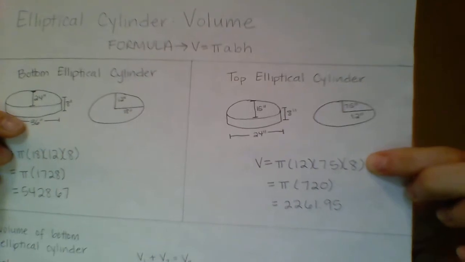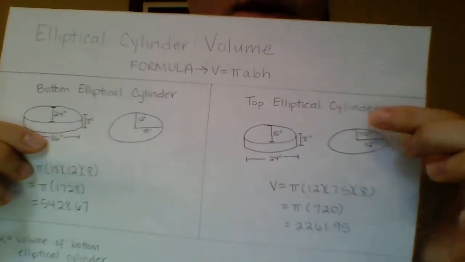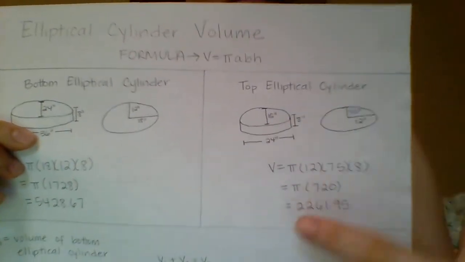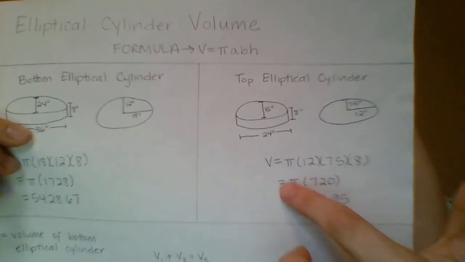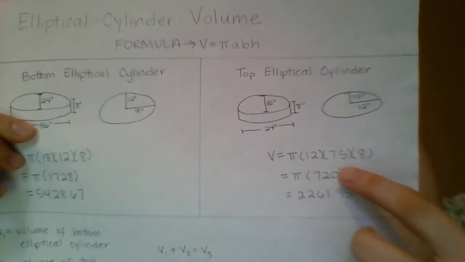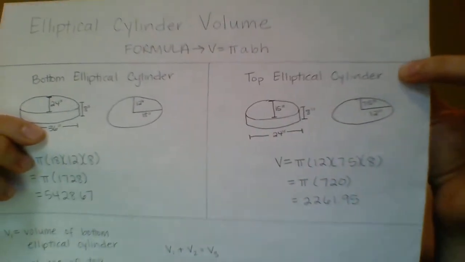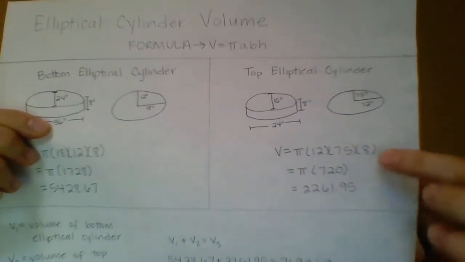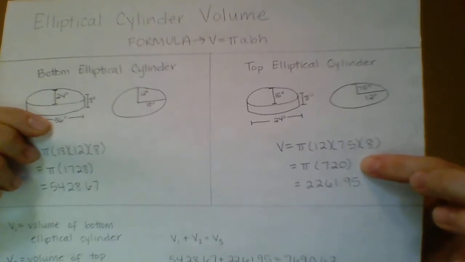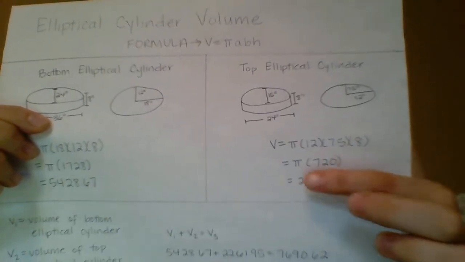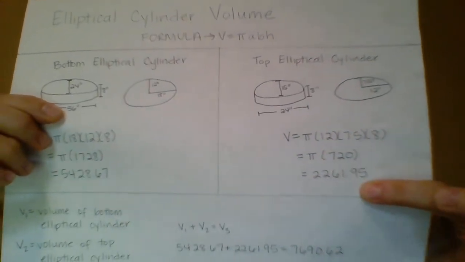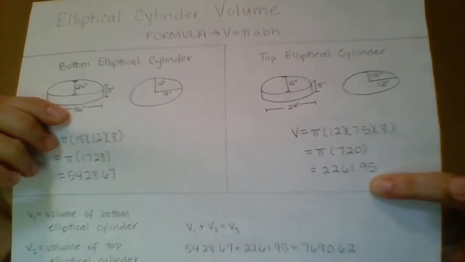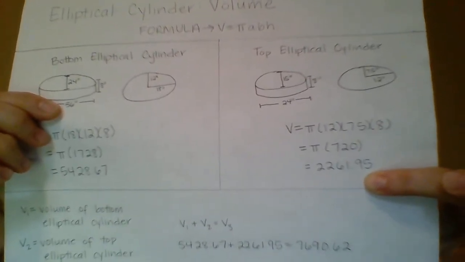Over here, I'm going to plug in my A, B, and H for my volume formula, giving me pi times 12 times 7.5 times 8 for my top elliptical cylinder. I calculate those numbers, multiplying 12 times 7.5 times 8 together, giving me a total of 720. I multiply that times pi, and here I have the volume for my top elliptical cylinder.